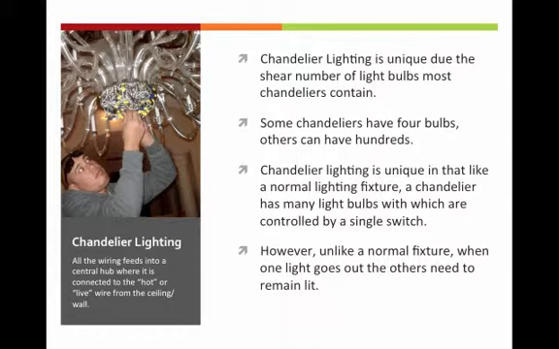Kind of like those really cheap Christmas lights, when one bulb burns out, the whole strand would darken. Chandeliers have to have independent lights that when they burn out do not cause the whole chandelier to burn out. That would be very ineffective, and oftentimes because chandeliers have so many lights, there are going to be a few that burn out, like a strand of Christmas lights.